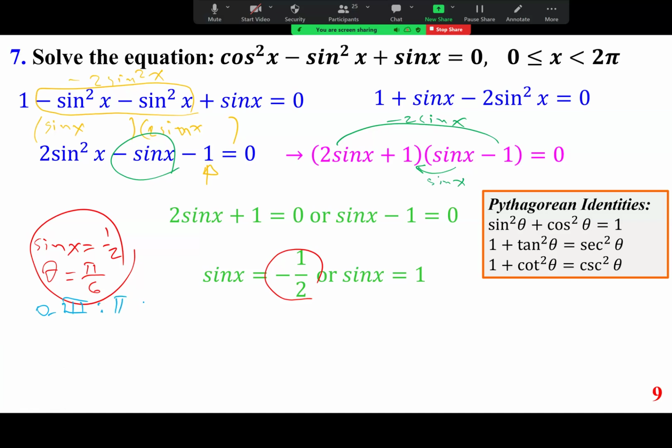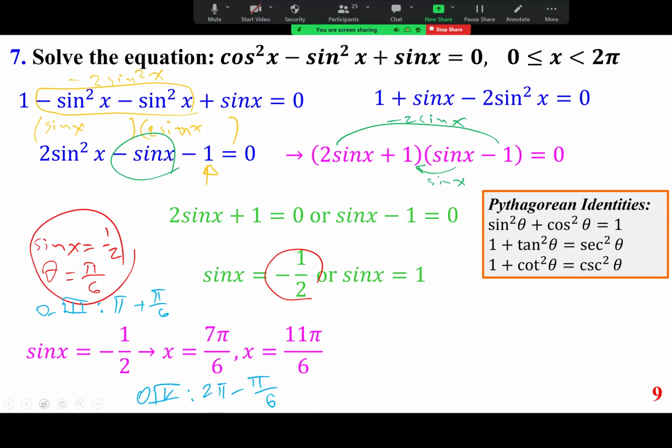So pi plus pi over 6, which makes it 7 pi over 6. And in the fourth quadrant, which makes it 2 pi minus pi over 6. This is how you get those.